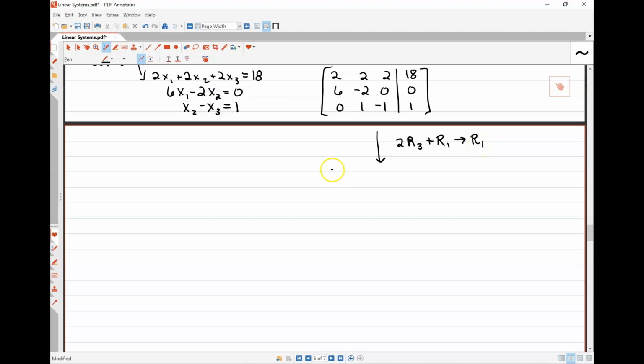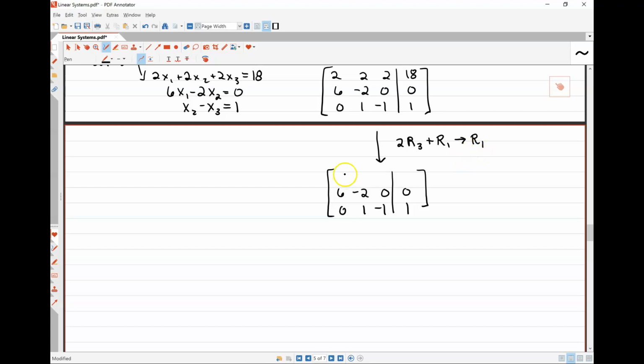Okay, so let's perform this transformation. Now I'm going to be updating row 1, so those other two rows, row 2 and row 3, will be the same. I just have to figure out what I'm putting in row 1.